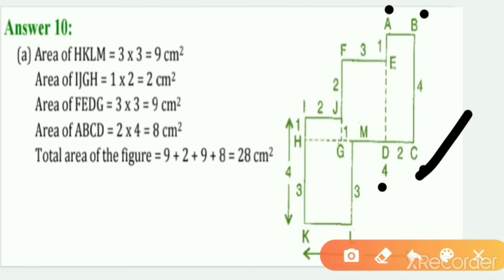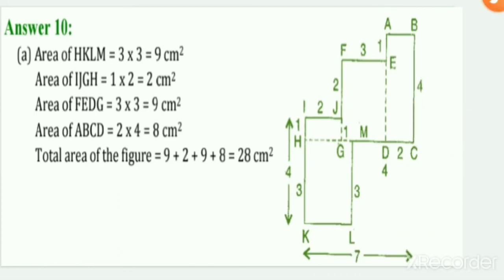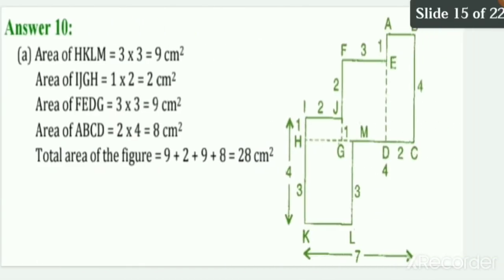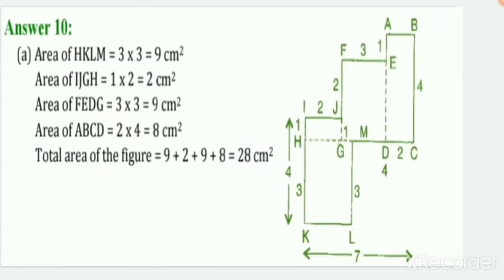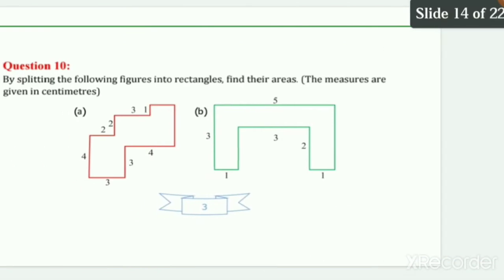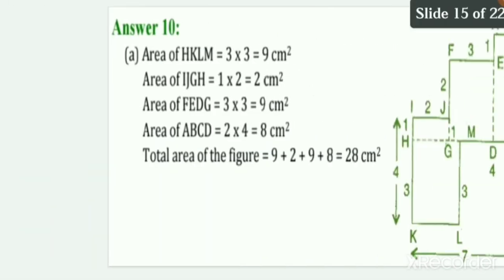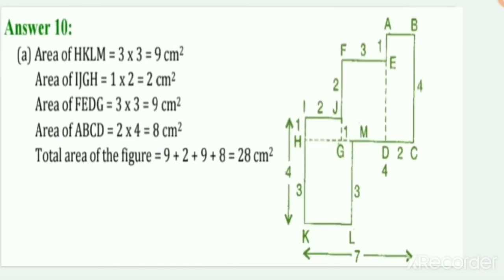So the area of ABCD, we have length 2 and breadth 4. So we have L into B, that is 8 centimeter square. You can see here it was given here also, yes, see, it is given here 2. And we have constructed the dotted line here.